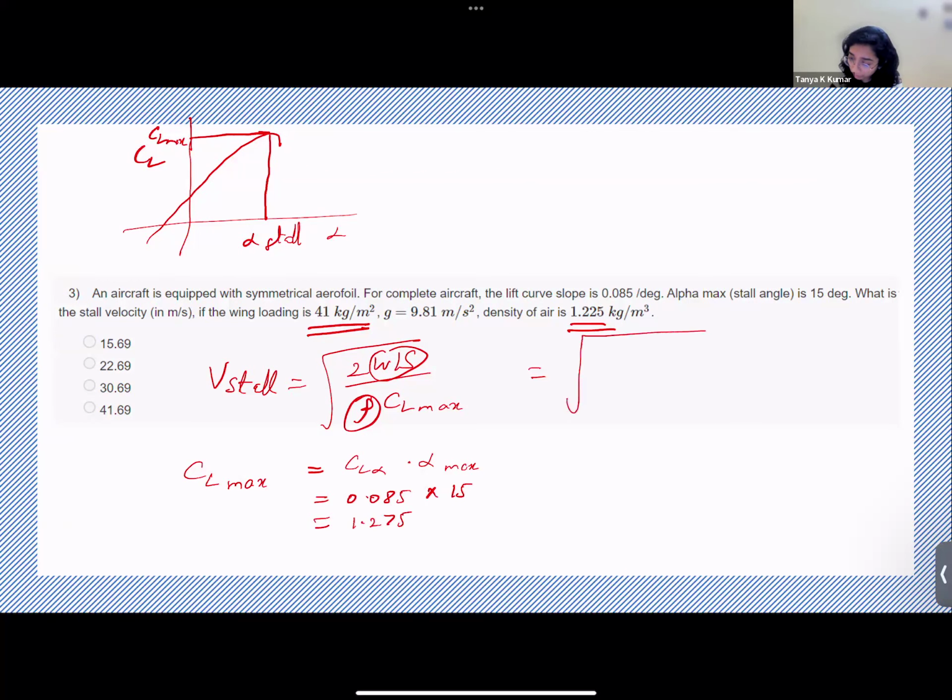So it will be 2 into 41 into 9.81 over 1.225 and CL max is 1.275. And this would give you somewhere around 22.69 meters per second. So this is the answer. Okay, move on to the next question.